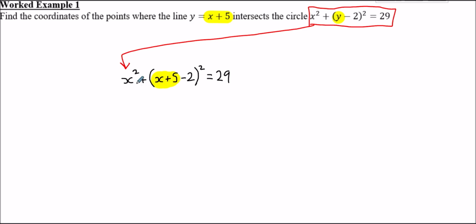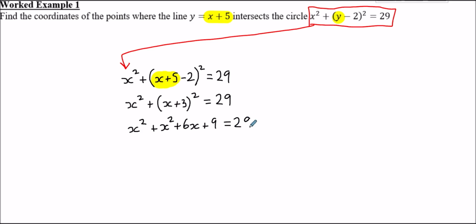Now this can obviously be simplified, so we have x squared plus, well, x plus 5 minus 2, that's just x plus 3 all squared equals 29. We can now expand this out, so we have x squared, expand out x plus 3 all squared, we have x squared plus 6x plus 9 equals 29.